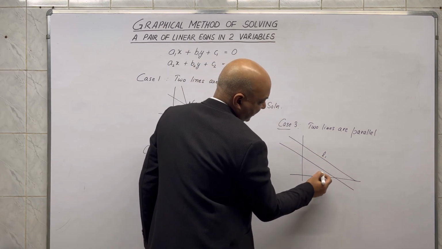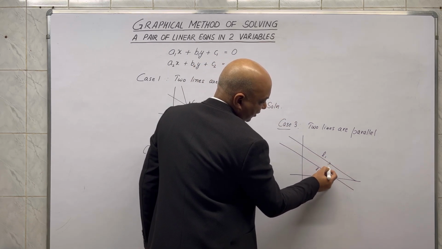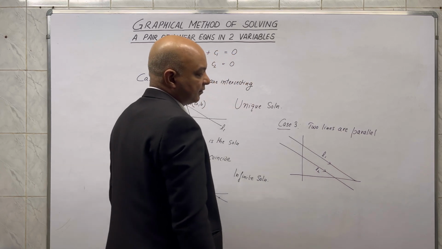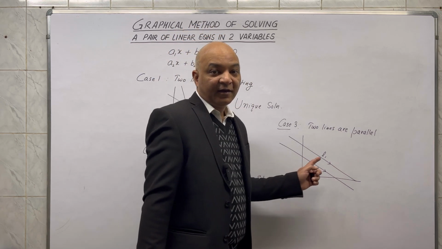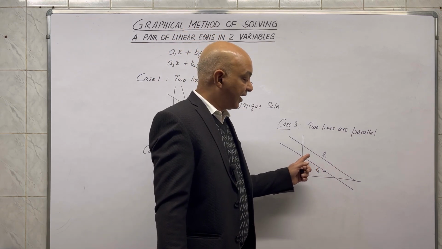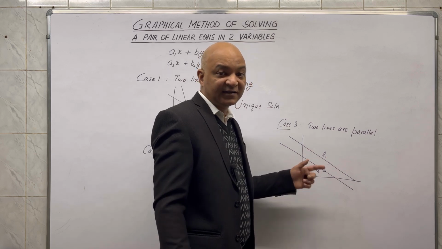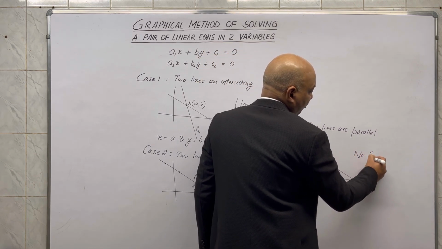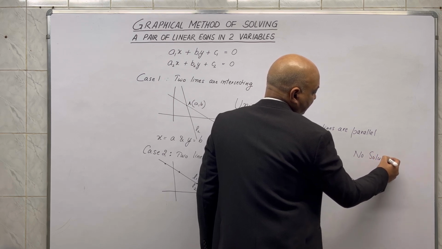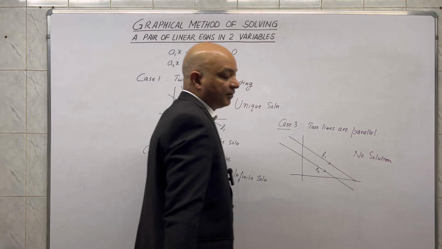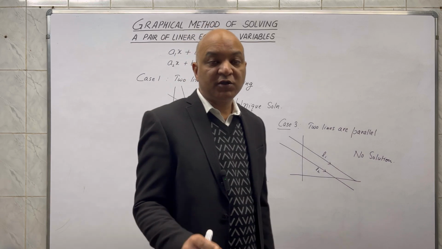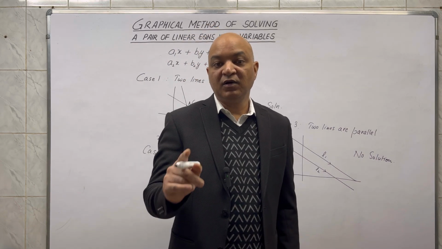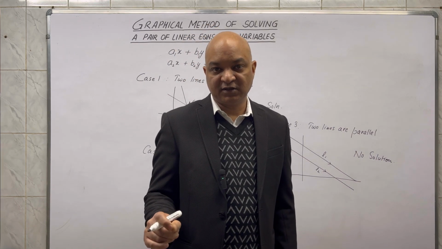Here the two lines L1 and L2 are parallel to each other. And important to note here is that as the lines do not intersect anywhere, we have no solution in this case, because we get a solution only when the two lines intersect with each other.